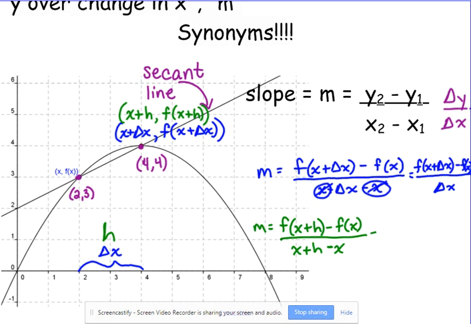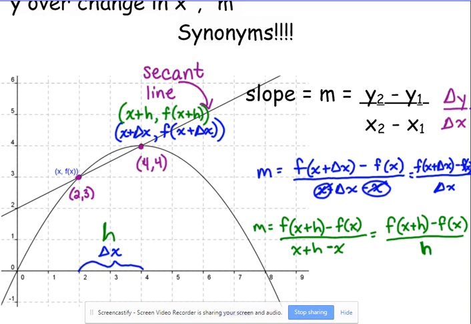The same thing happens. The x's cancel, and we end up with just h in the denominator, just like with the delta x. It's the same thing, it's just sometimes they use delta x, sometimes we'll use h. It just depends on the scenario. You need to be familiar with both.